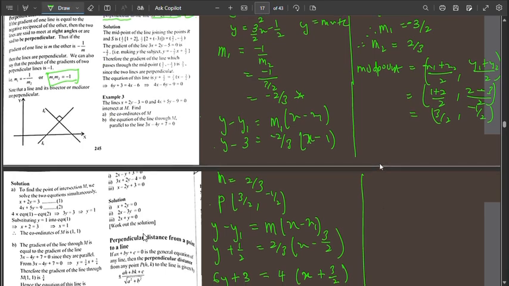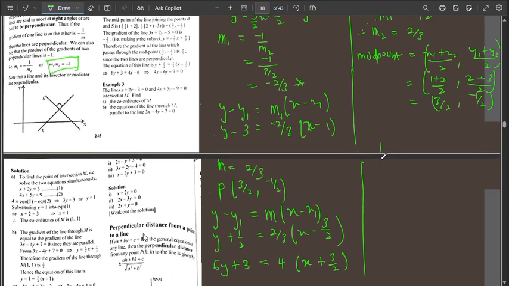And then we simplify further, so 6y plus 3 is equal to 4x plus 12 over 2. That is 6, right? So 6y plus 3 is equal to 4x plus 6, and then we will make it simple. So 4x minus 6y, and this is plus 6, this is 3, goes there, so plus 3 is equal to 0.